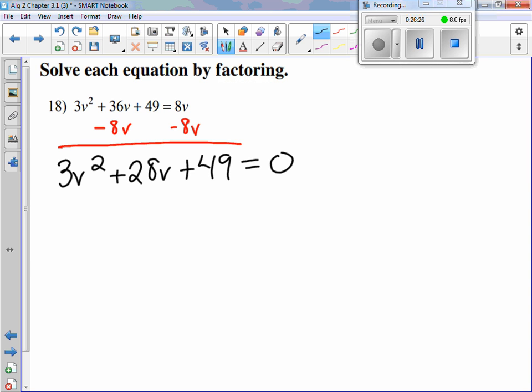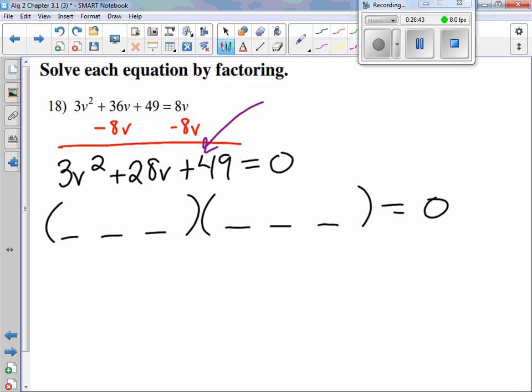So is there a greatest common factor between these three? Well, no. 3 won't go into all of them. Since 49 is positive, the signs are the same, and they match the sign of the middle term, so both of these would be positive.